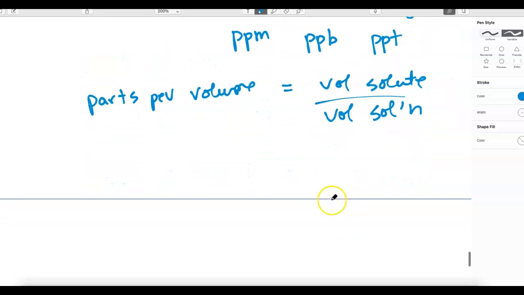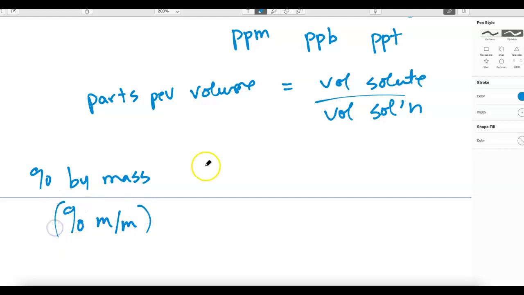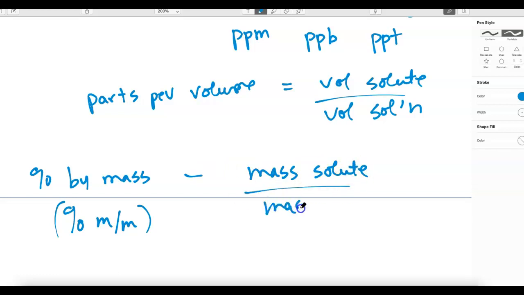And we can take those and easily turn them into percentages, and you've probably maybe seen at least percent by mass talked about in 124 or 127, and sometimes you'll see it labeled as percent m/m. This is the mass of the solute over the mass of the solution times 100% to give you a percentage.